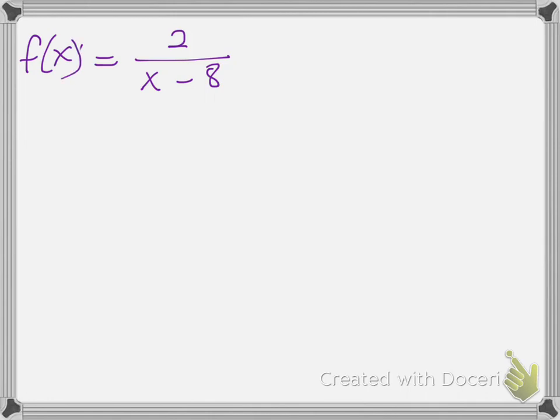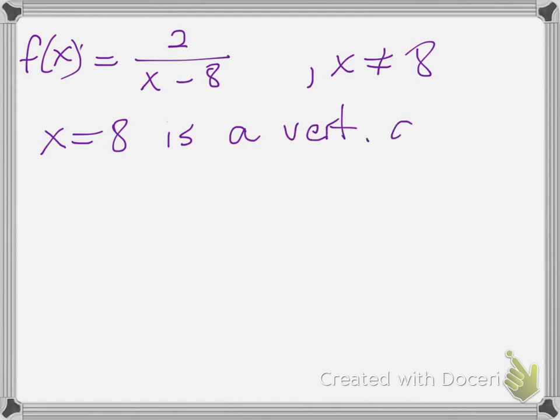We could actually use function notation because y is a function of x. What value breaks this function? x equals 8 breaks this function, right? So my excluded value is x cannot be 8. And that means that x equals 8 is a vertical asymptote.